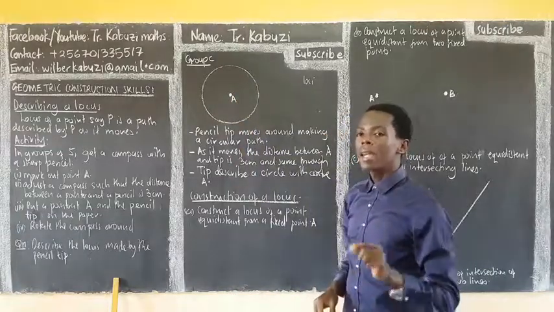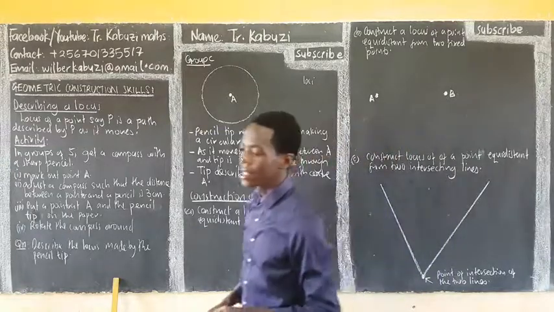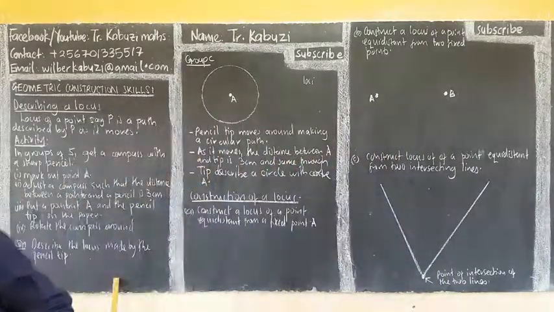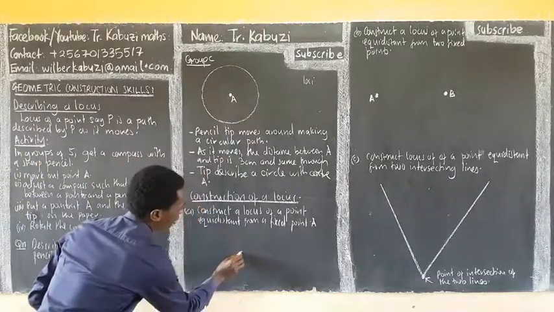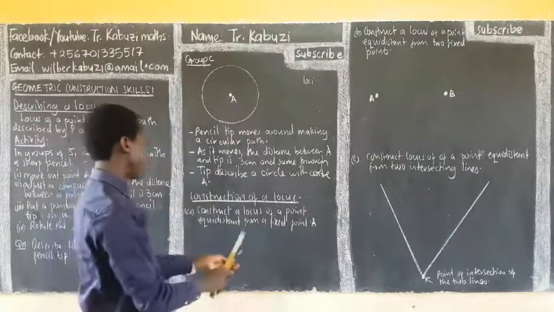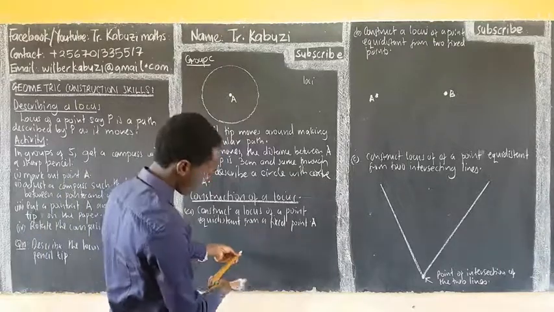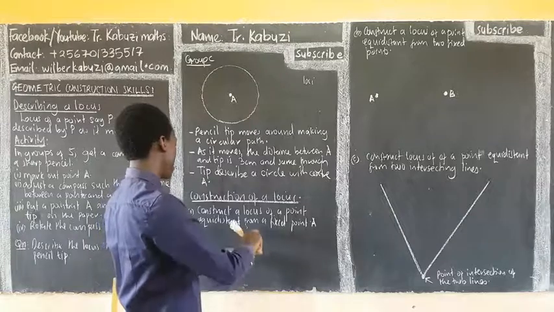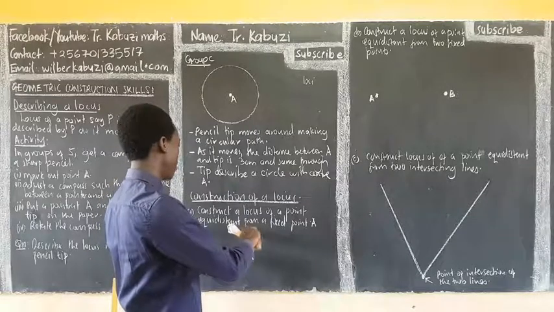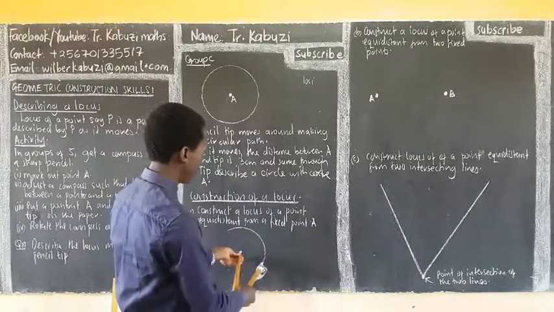So the only way we have a locus when the distance is equidistant from a fixed point is when we have a circle. So here, we just construct our circle. So this is the locus. The compass is not missing.